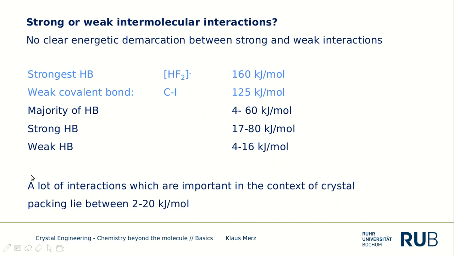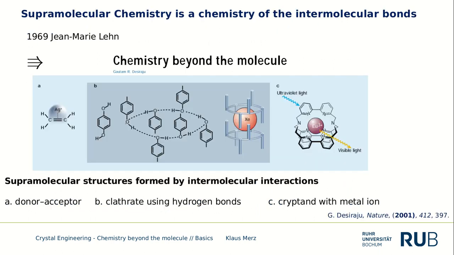But don't forget, this is important. A lot of interactions which are important in the context of crystal engineering are in this region of very weak intermolecular interaction, 2 to 20 kilojoule per mole.